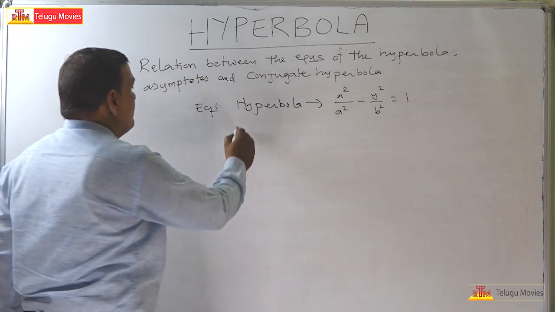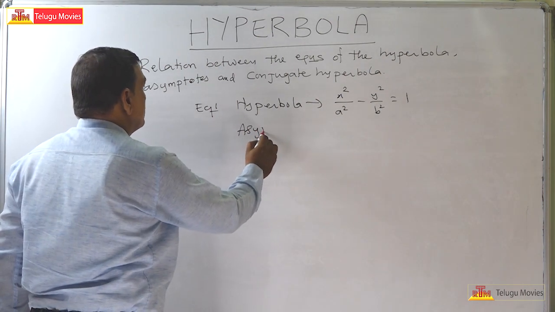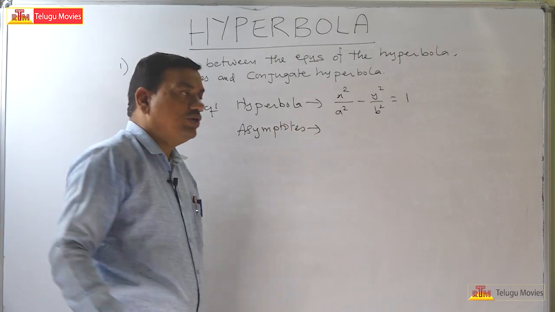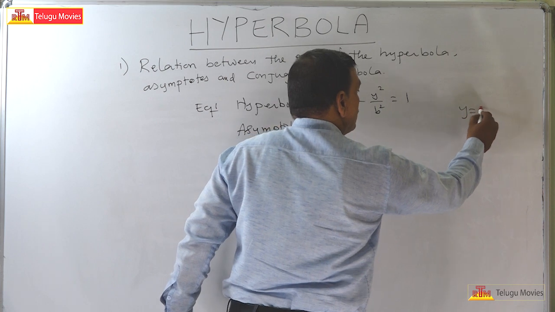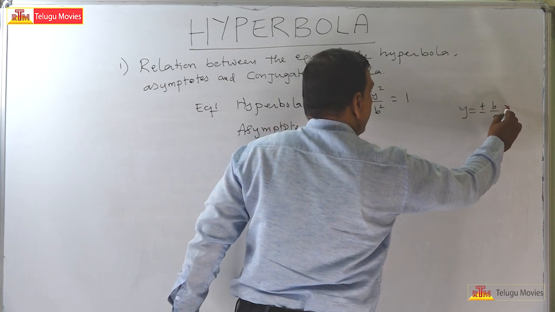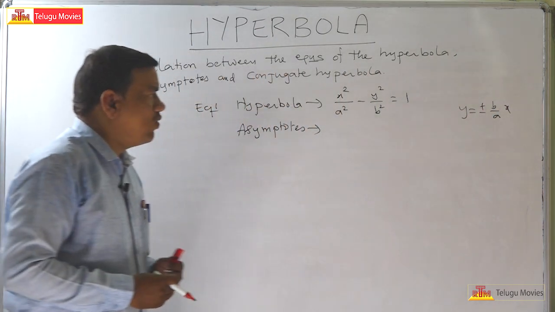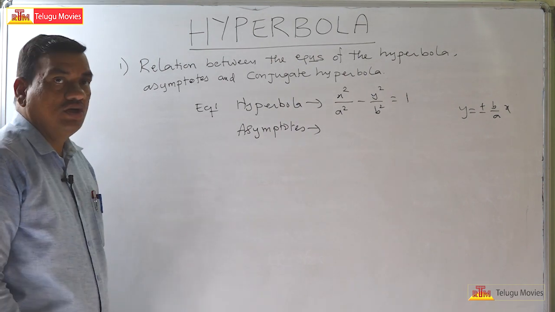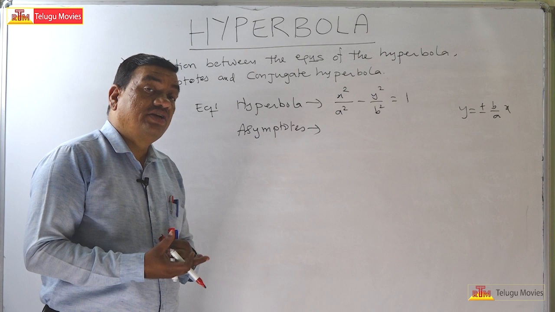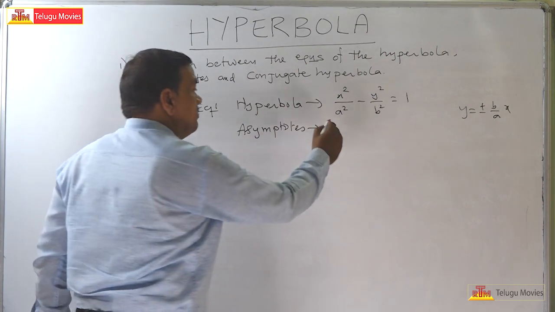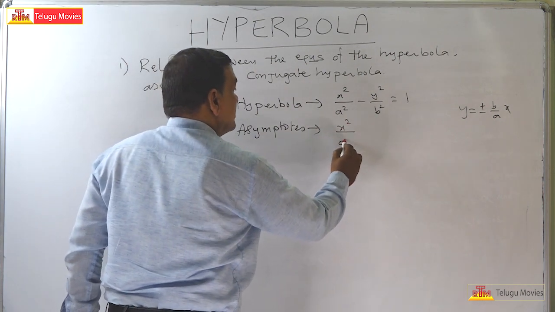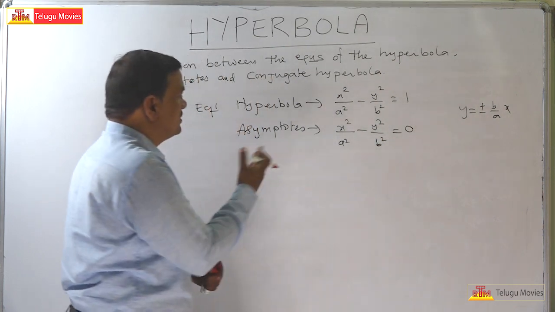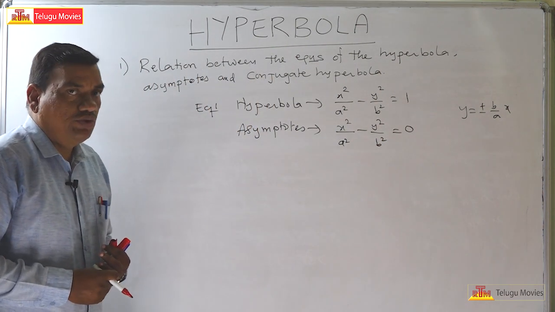What are the equations of the asymptotes? We know that y is equal to plus or minus b by a x. So if you bring everything to one side and multiply, the equation of the pair of asymptotes will be x square by a square minus y square by b square is equal to 0.